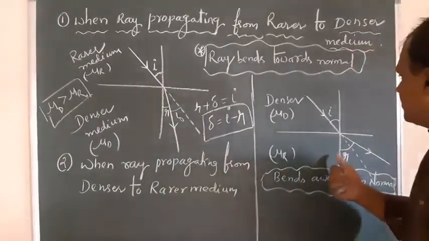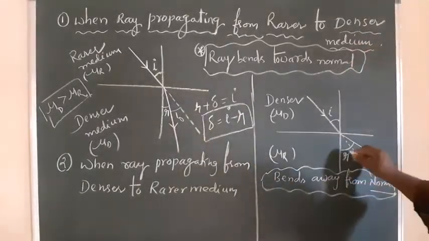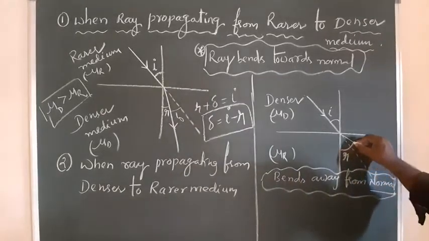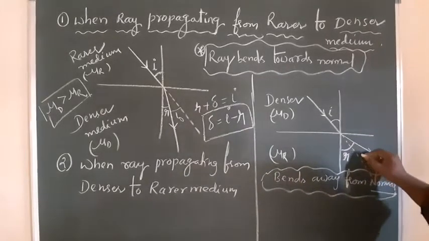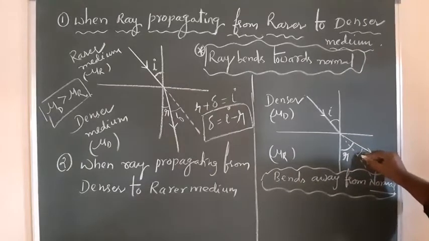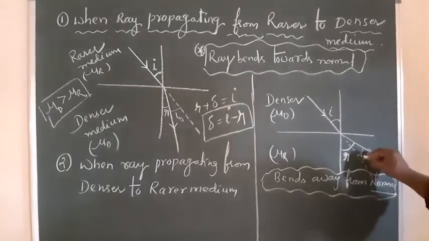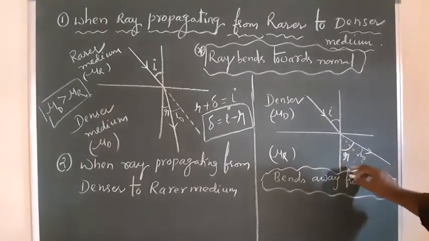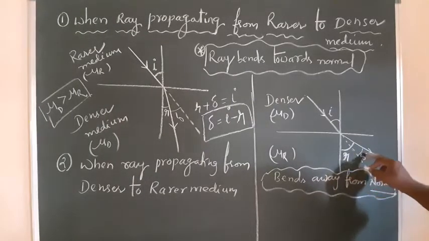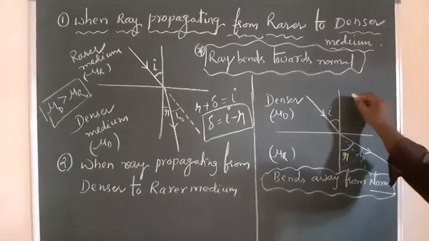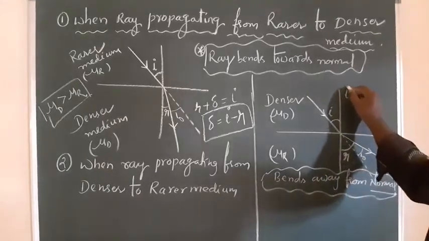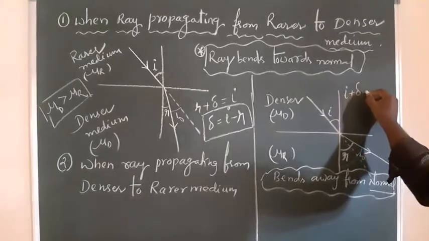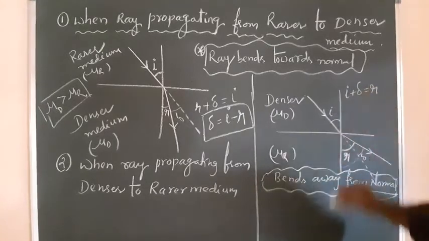In the same way, what is the deviation in this case? See here, this is the total refraction angle, but the deviation is only this part, right? Here this one is nothing but i. So i plus delta is r. Incident angle plus deviation angle combined gives the refraction angle.